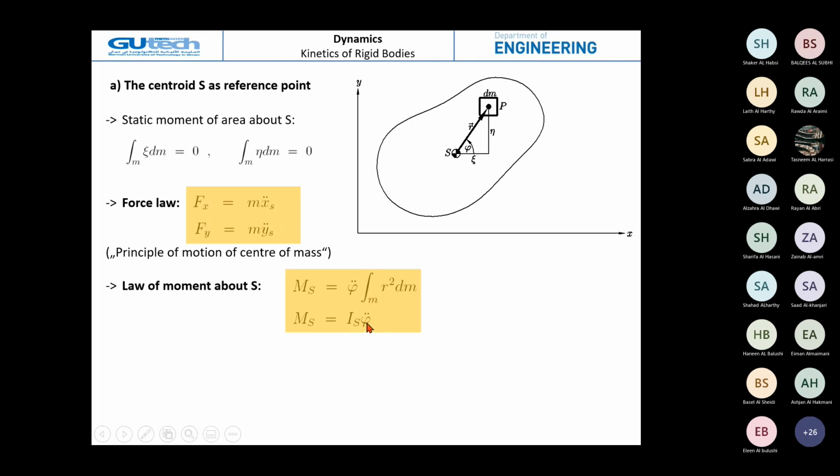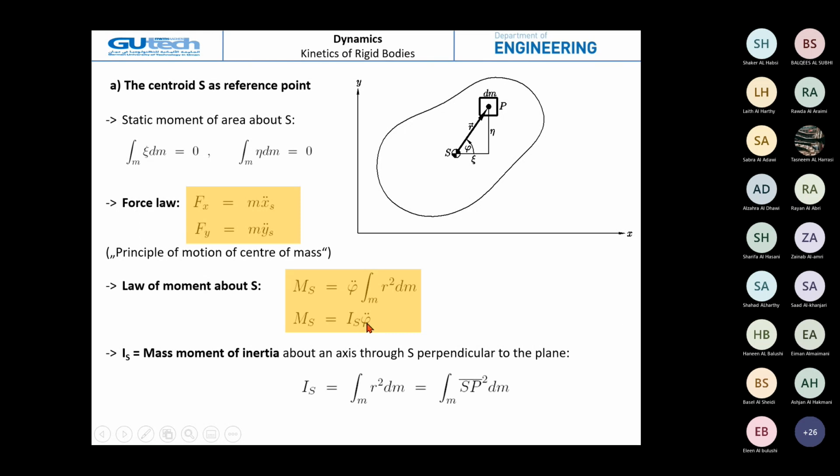This is the important part. This is the mass moment of inertia, known as the mass moment of inertia.